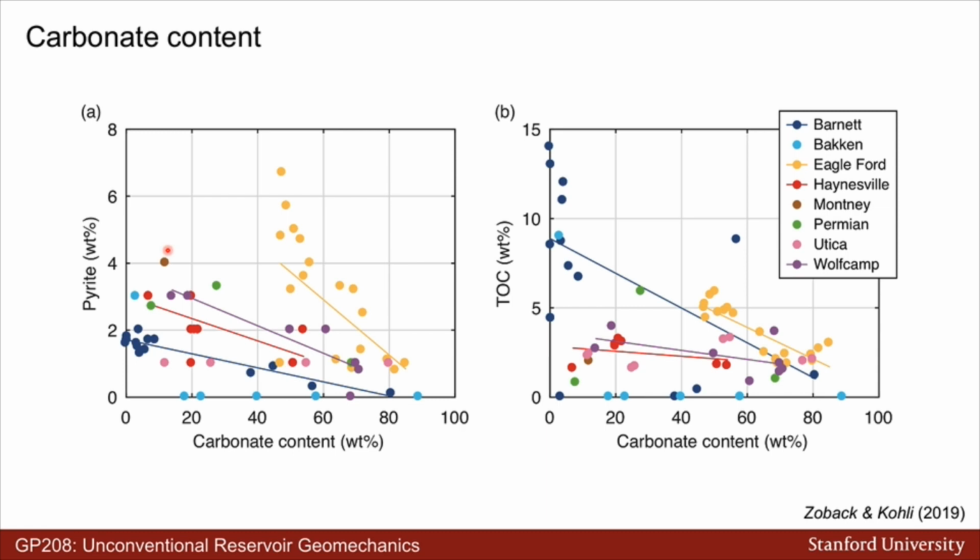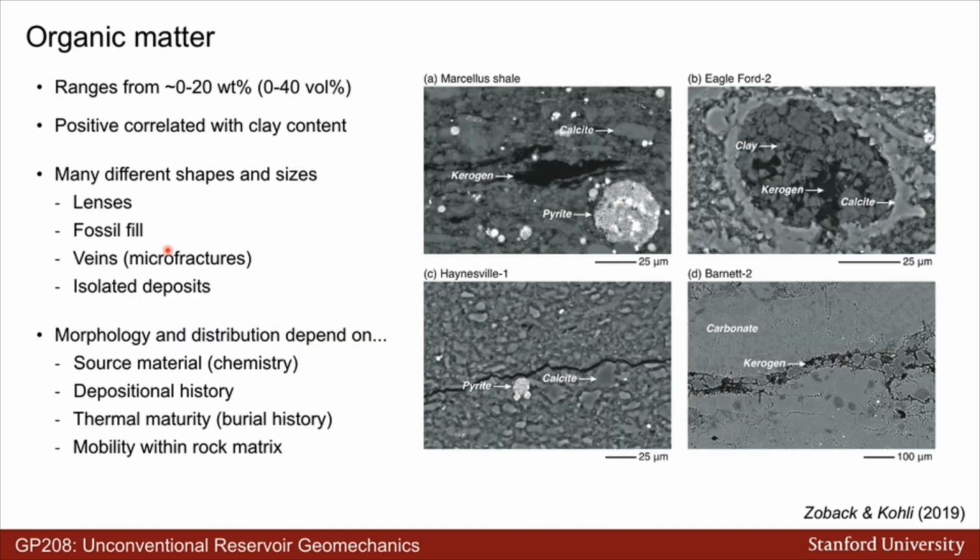It won't be oxidized. And you also have enough bacterial activity to turn sulfate from the seawater into sulfide, which helps you form pyrite with any iron that's present. So the conditions for high pyrite and high TOC tend to correlate, and we tend to see those, again, at low carbonate content.